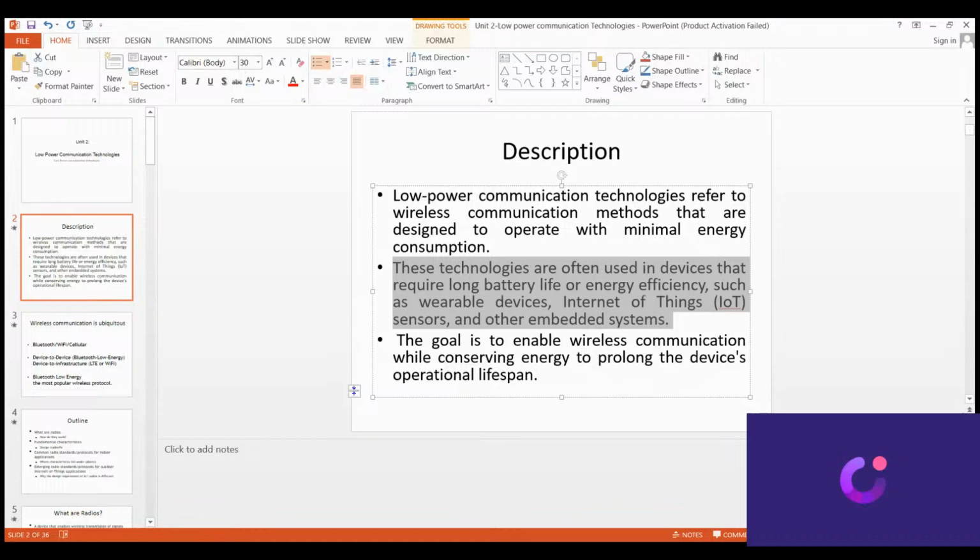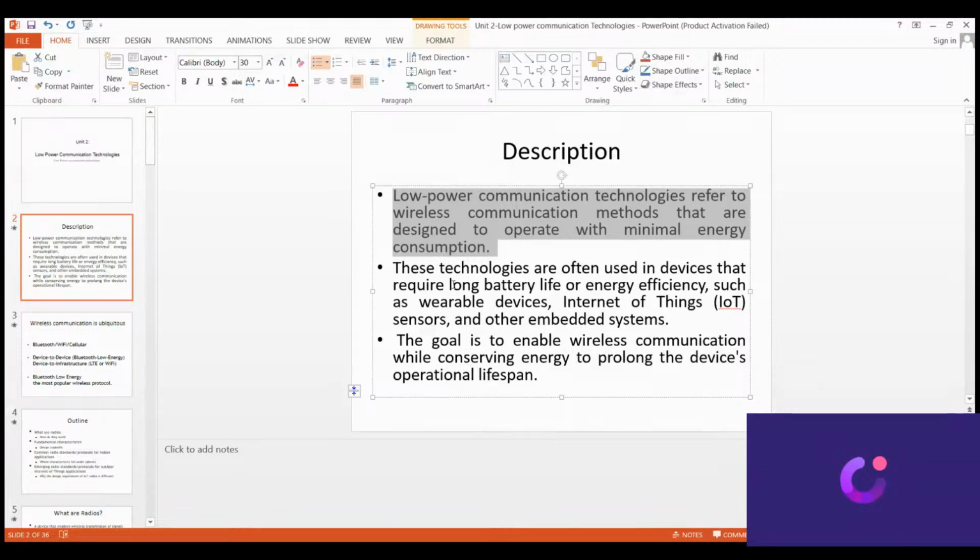Okay, colleagues, sorry about that. So what I was saying is that low power communication technologies are basically wireless communication methods that are designed to operate with minimal energy consumption. They are designed from the manufacturer's point of view so that they require long battery life and are energy efficient.